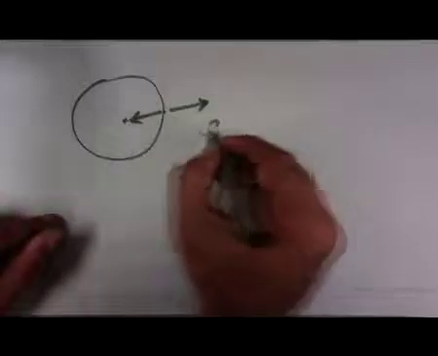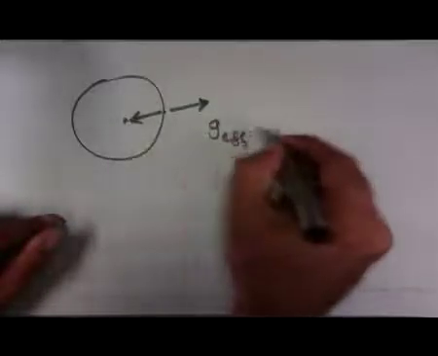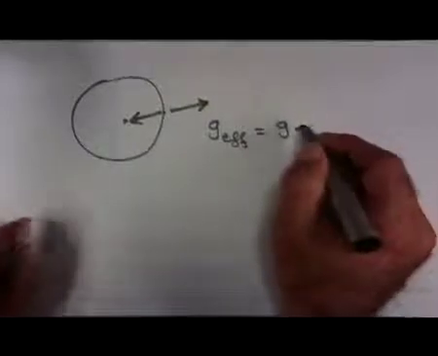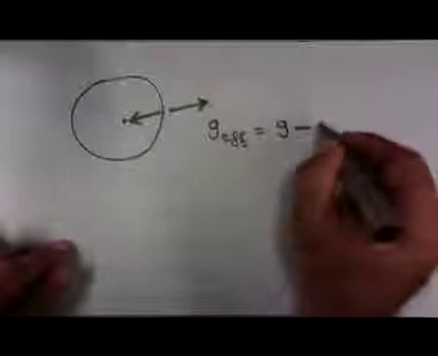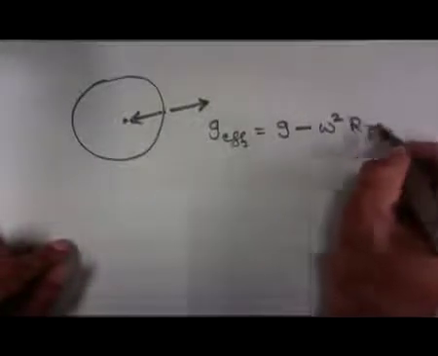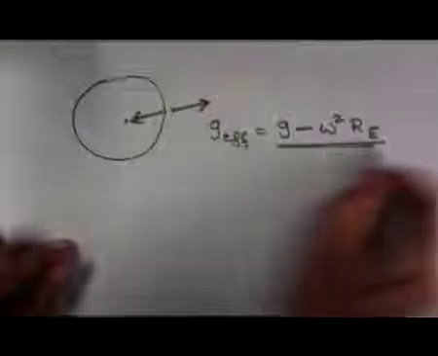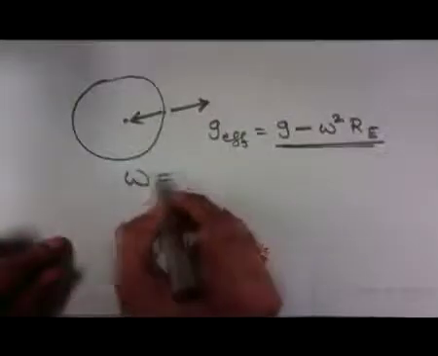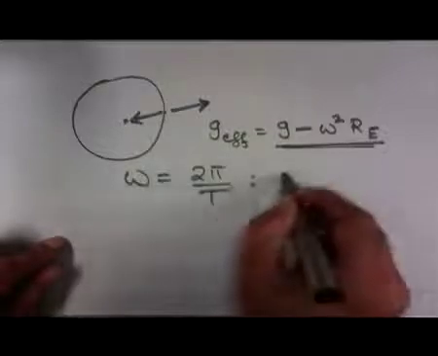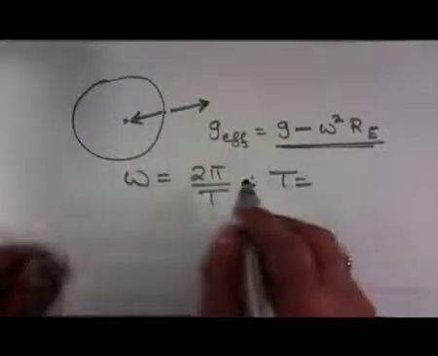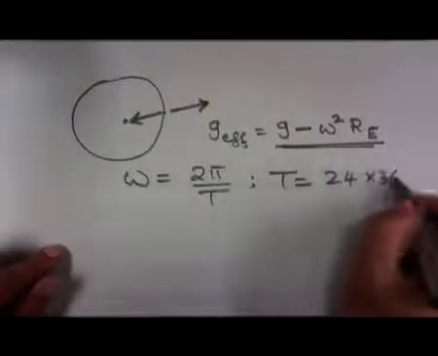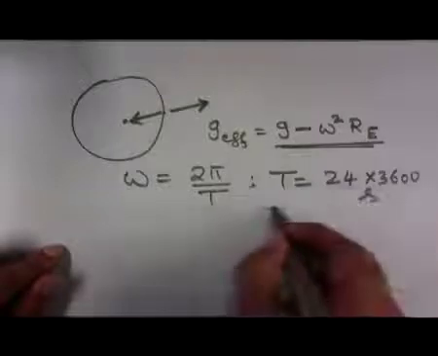So my G effective is nothing but G minus the acceleration coming from the centrifugal force, which I will write as omega squared Re. Please remember, omega equals 2 pi by T, and the period is simply 24 hours, which is 24 into 3600 seconds.